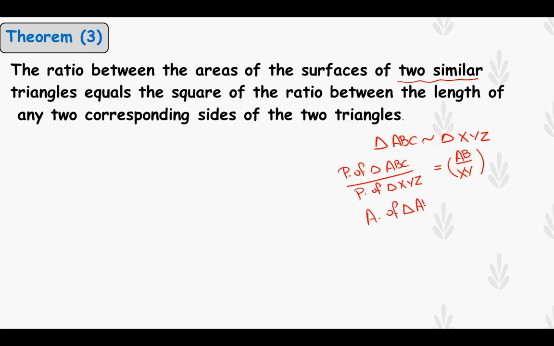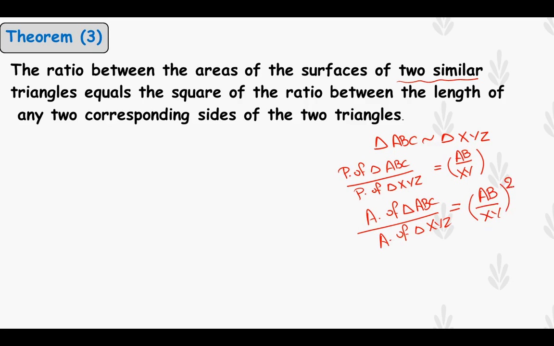the area of triangle ABC over the area of triangle XYZ, the ratio between the areas of two similar triangles or two similar polygons, equals the square of the ratio of any two corresponding sides. So this equals AB over XY, all to the power of 2.